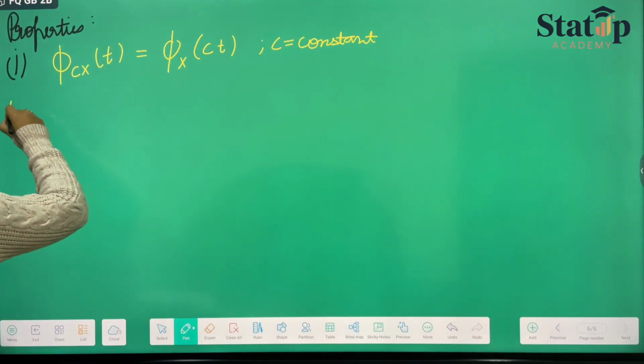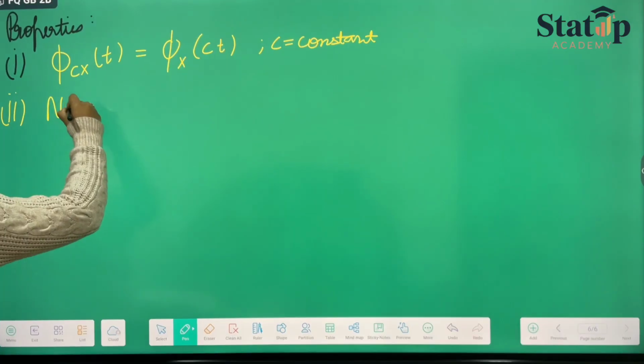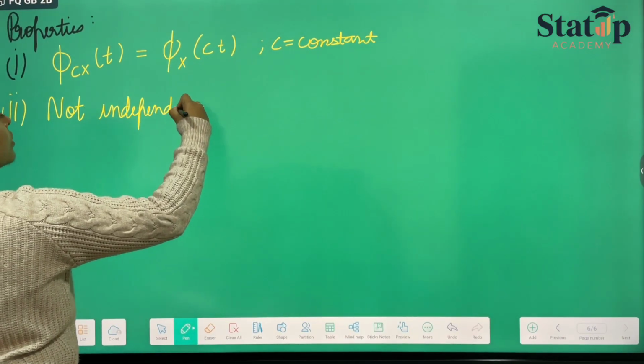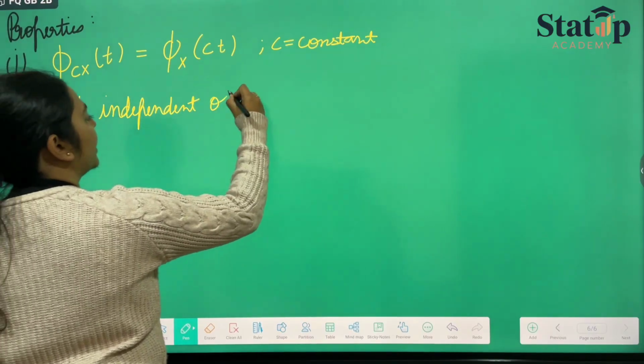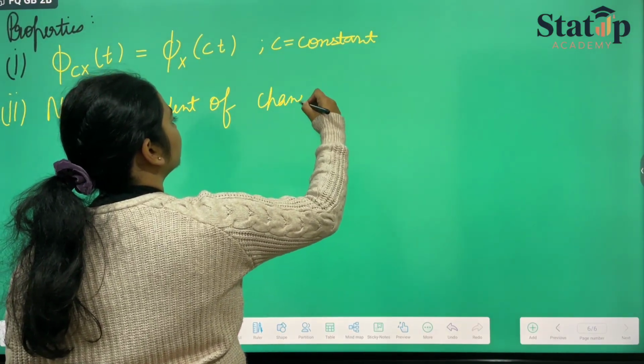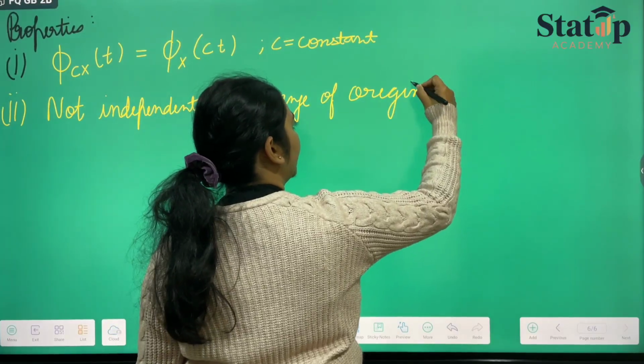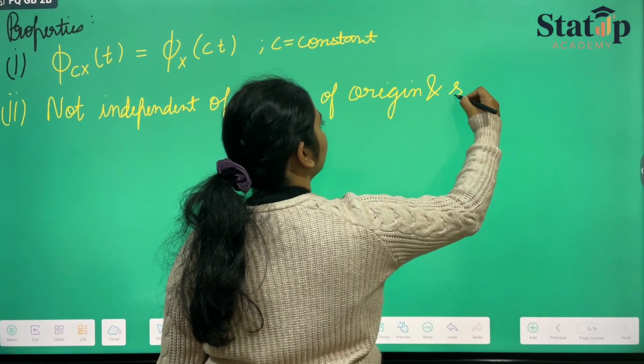It is again not independent of change of origin and scale. It depends on change of origin and scale.